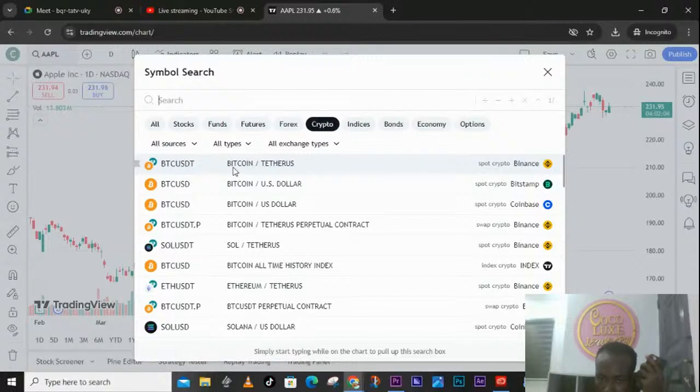Maybe let's look at Solana USDT. Let's just look at it. Also USDT. Also, let's look at Solana USDT.